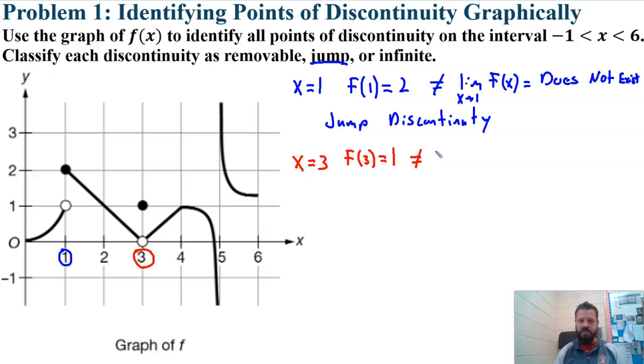And that's not equal to the limit as x goes towards 3 of f of x, which, when I trace this graph from both the right side and the left side, is going towards 0. As far as what type of discontinuity this is, I'd say this is a removable discontinuity. Anytime you're tracing along and have just a single hole in that graph, where if I plotted one additional point, I could plug that hole, I could remove the discontinuity, we'd say that's removable.